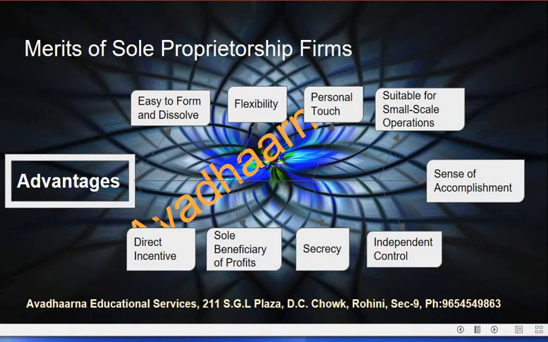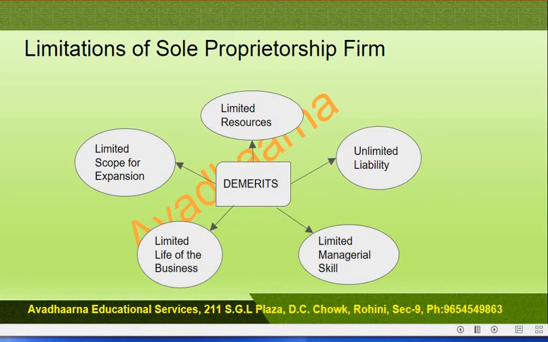You get the sense of accomplishment, direct incentive, sole beneficiary of profit, secrecy, independent control. These are some of the limitations of a sole proprietorship firm: limited resources, unlimited liabilities, limited managerial skills, limited life of the business, limited scope of expansion.